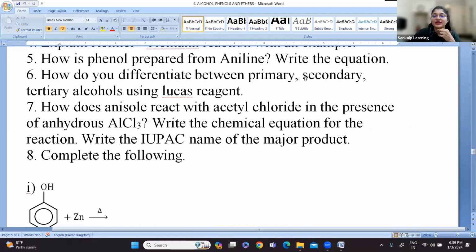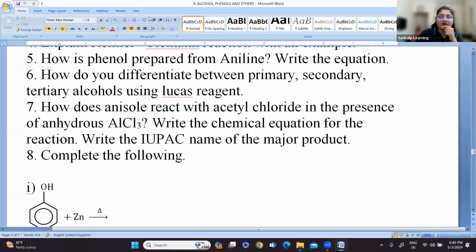How do you differentiate between primary, secondary, tertiary alcohols using Lucas reagent? So this also we have seen. Before that, what is Lucas reagent, students? Very important.